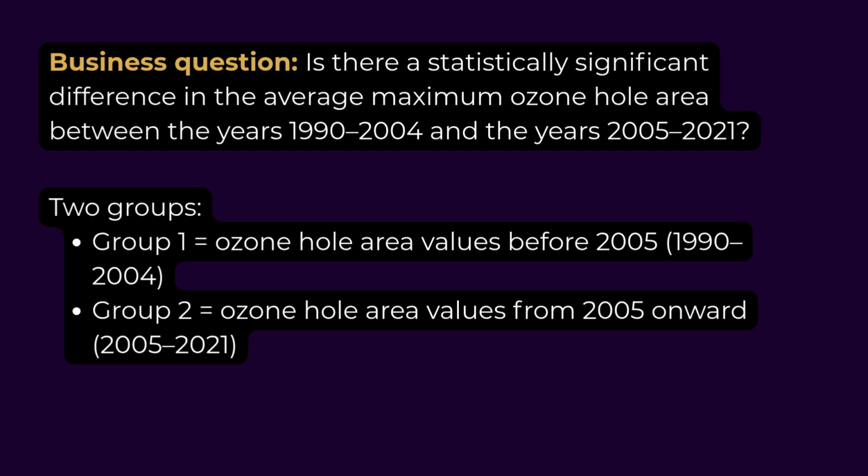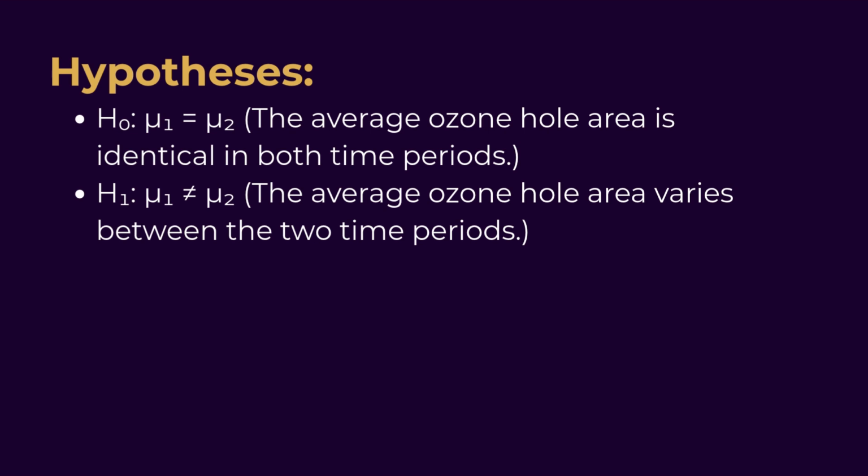Group 1 is the ozone hole area values before 2005, and group 2 is the ozone hole area values from 2005 onward. We have the H0 and H1 for the hypothesis. H0 is when the averages of the two groups are identical, and H1 is when the two groups are different.